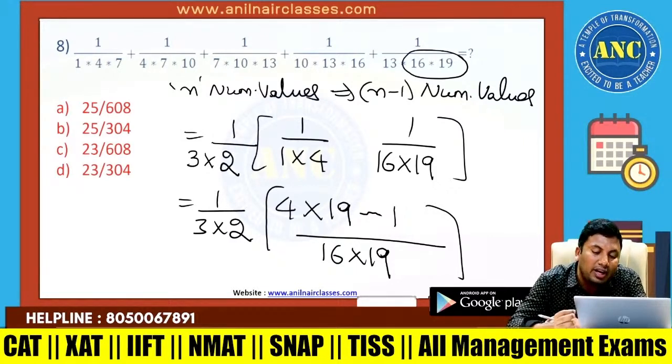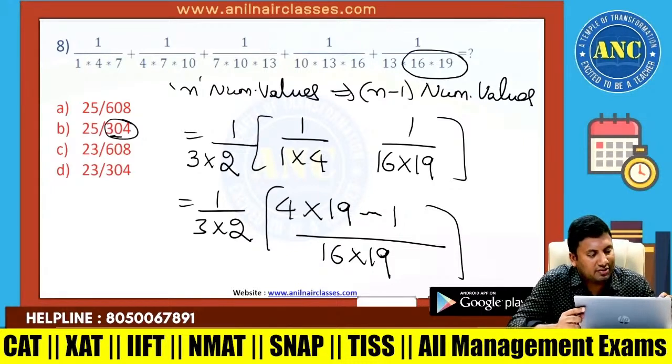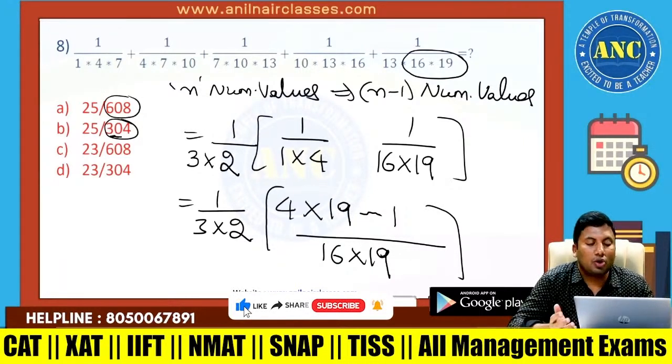The answer's denominator should be a multiple of 19, or a factor of 16 into 19 or the original number. The denominator should be divisible by 19. Ones are 19, 114, 304. These are divisible and this is also divisible. So all the options are divisible. So this is one method.